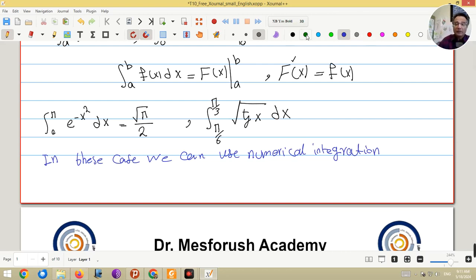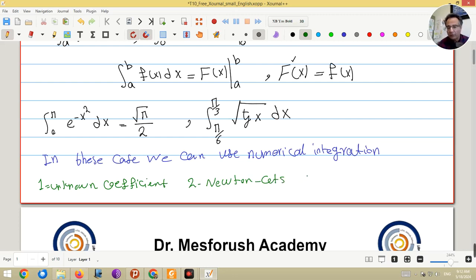For example, we can use unknown coefficients, or we can use the Newton-Cotes formula, or we can use Gaussian integration.